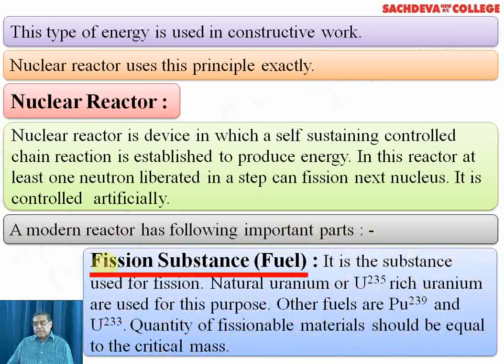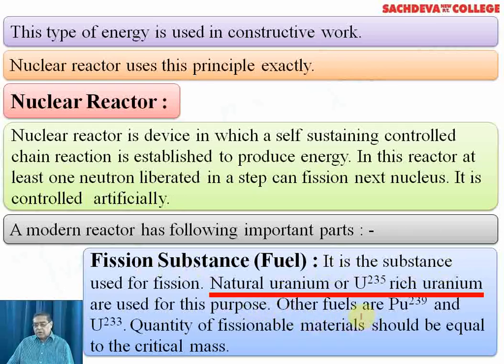Number one is a fission substance. We will not elaborate more on it as a fuel, but fissionable substance is recovered from fuel. It is a substance used for fission, natural uranium or uranium-235, that is enriched uranium.